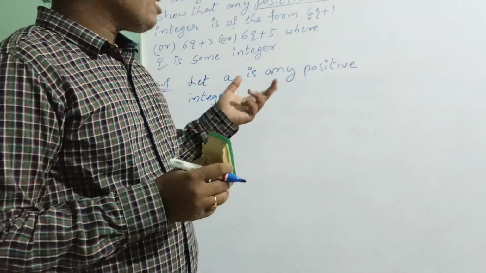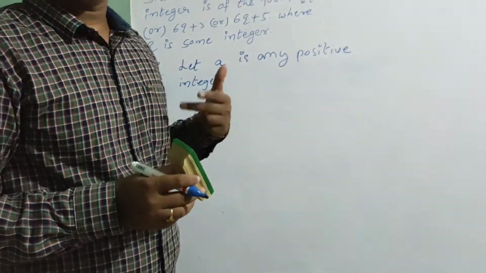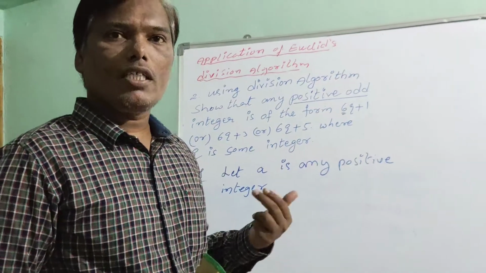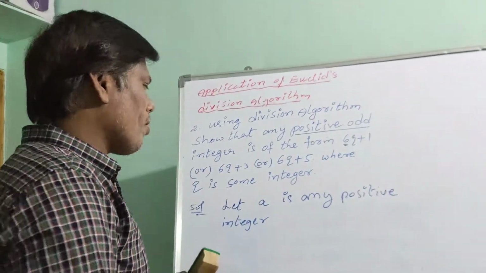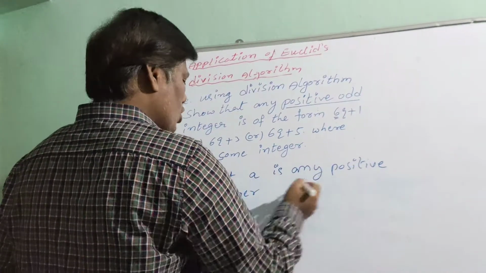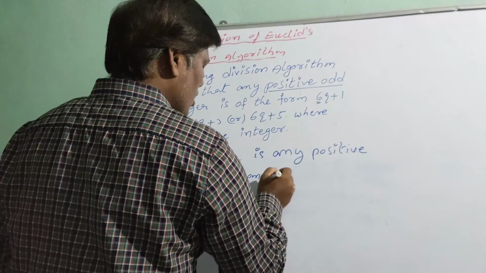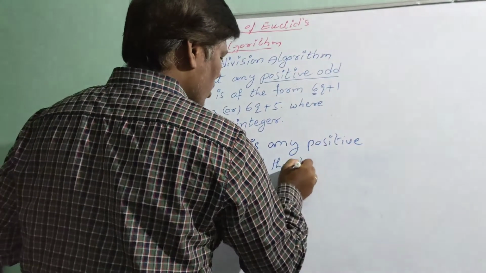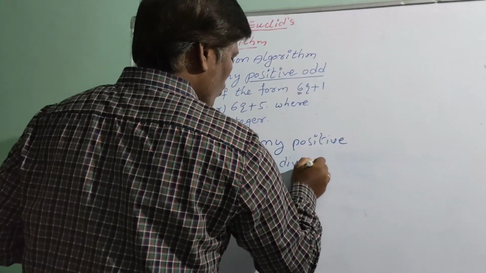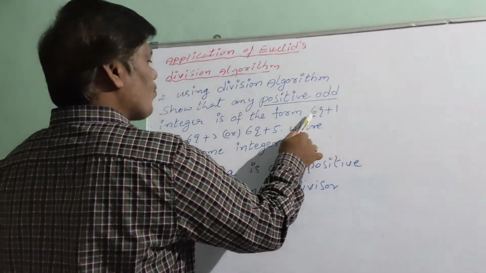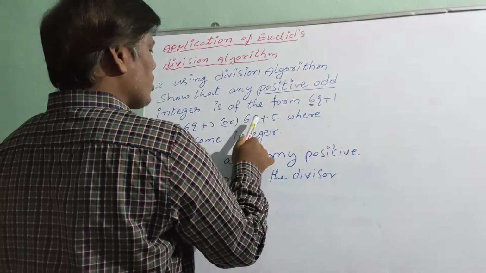If a is any positive integer, it can be expressed in different forms depending on the divisor that we choose. Here the odd positive integers should be of the form 6q plus 1 or 6q plus 3 or 6q plus 5.